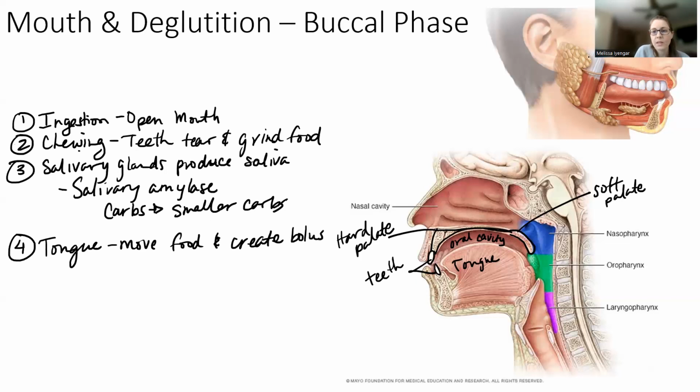Hopefully you remember you have three salivary glands. This big one on the lateral side of the cheek above the masseter is the parotid gland. Then there's one underneath the mandible. There are two parotids, two submandibular under the mandible, and two sublingual underneath the tongue.